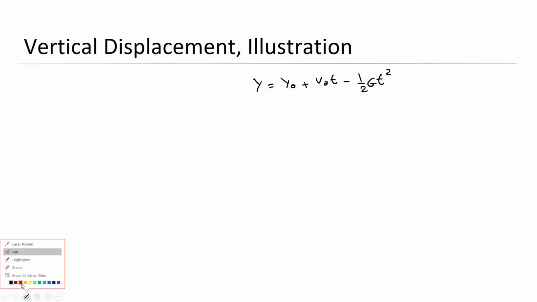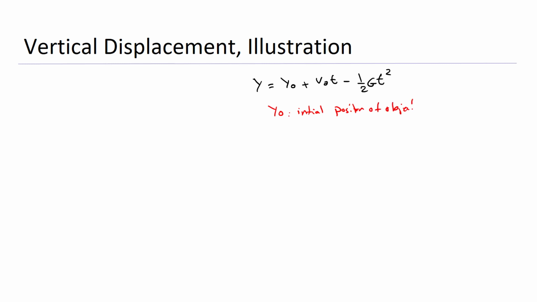And in this formula, y0 is the initial position of the object, and then v0 is the initial velocity of the object, and t is the time after which we want to find y. So we want to find y.